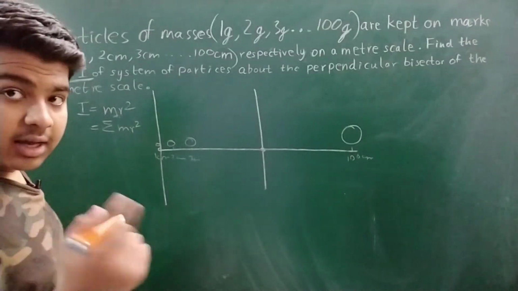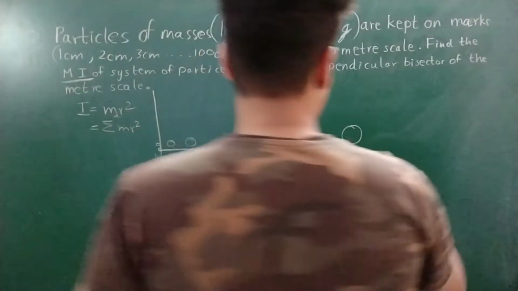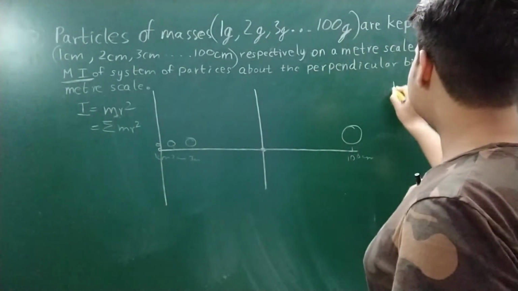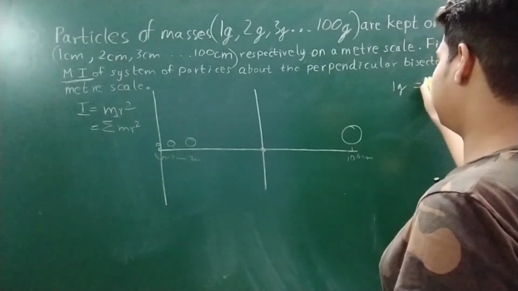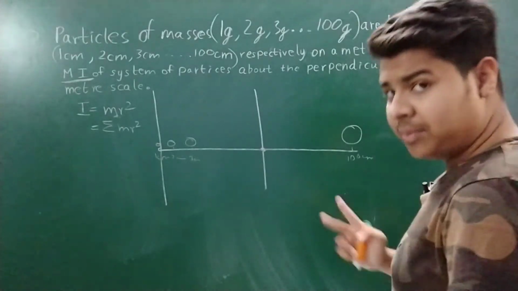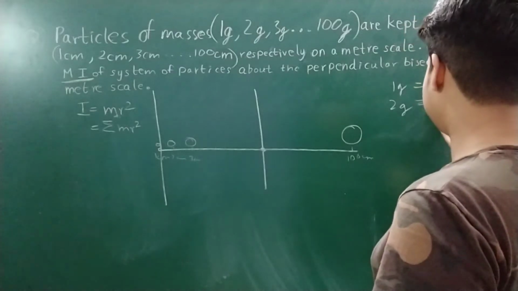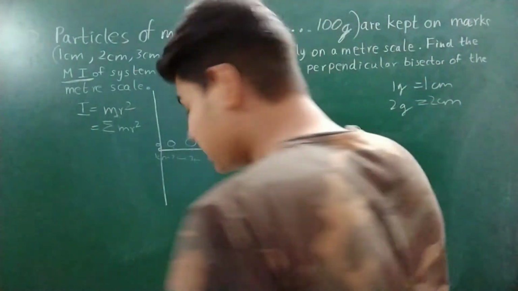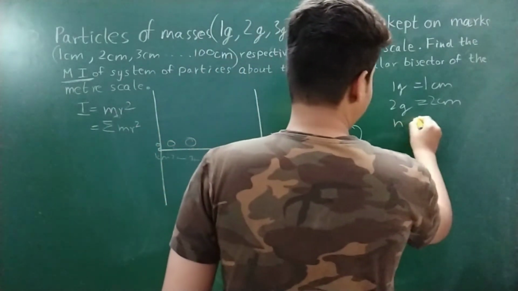Now here one more tip. We have seen that when mass is 1 gram, what is the distance? 1 centimeter. Okay. When mass is 2 gram, what is the distance? 2 centimeter. Right? So when mass is n gram, what is the distance?